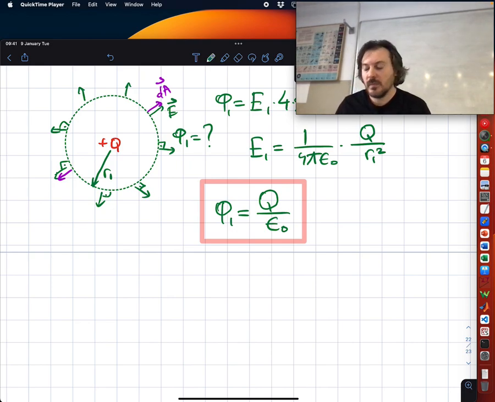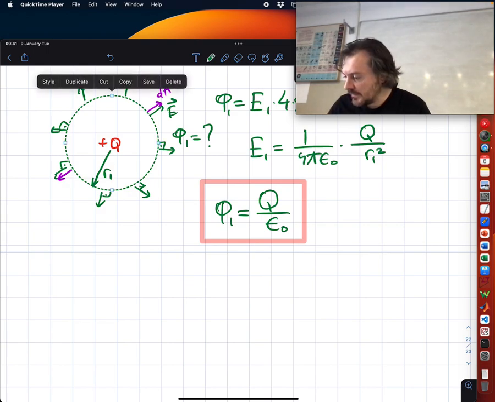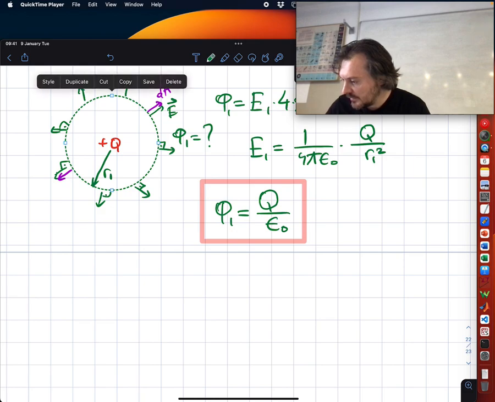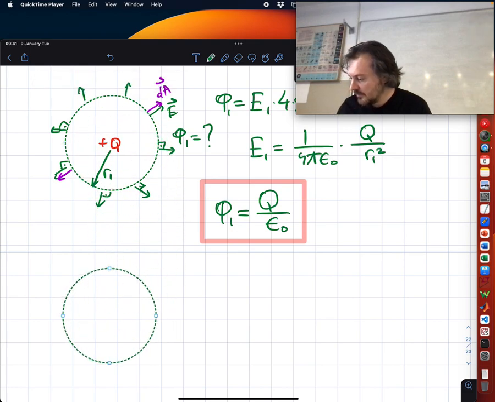Okay? Good. If I take the same surface, let me duplicate. Remember, dAs look like this, right? Like a hedgehog.